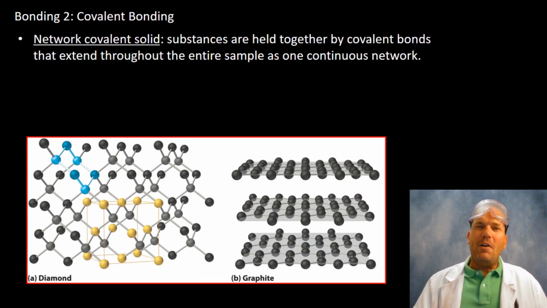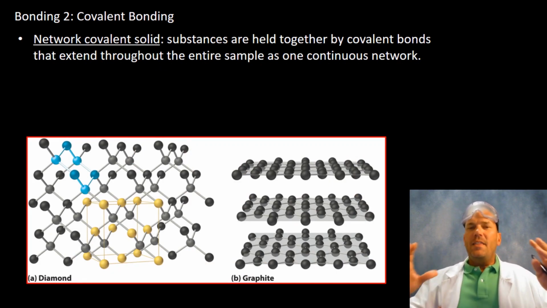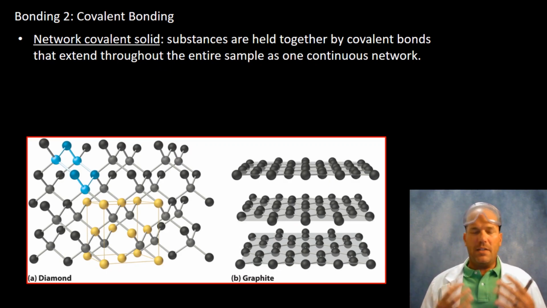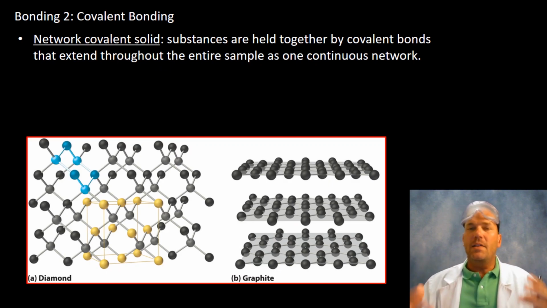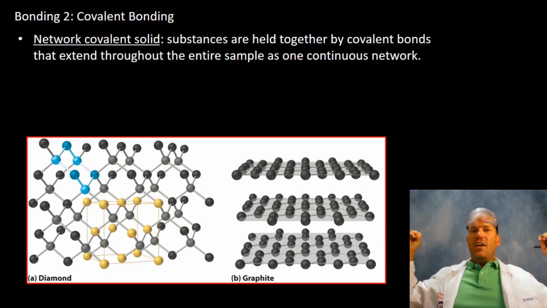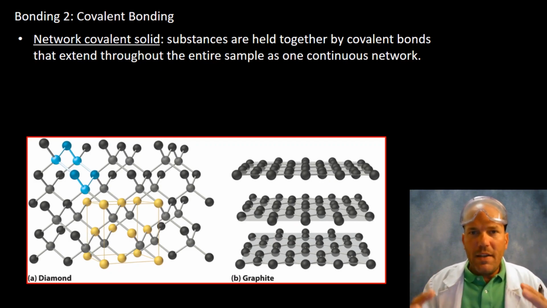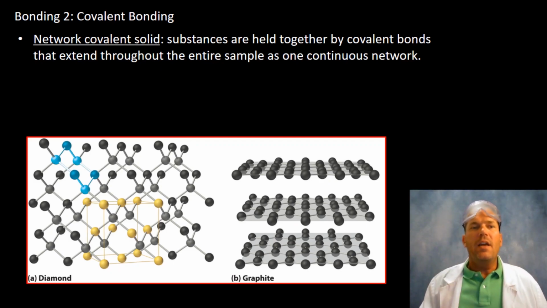Lastly, I want to talk to you about network covalent solids. They are substances that are held together by covalent bonds, but the covalent bonds actually extend throughout the entire sample. They are one continuous network.